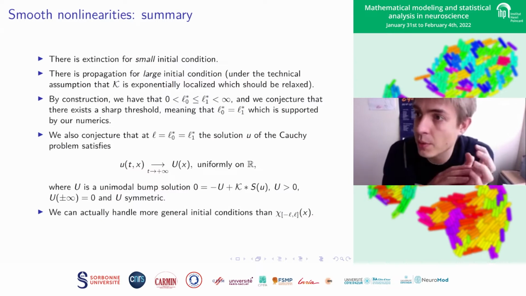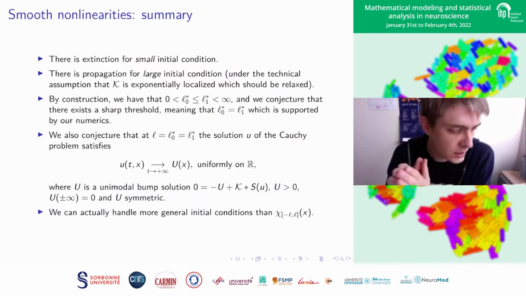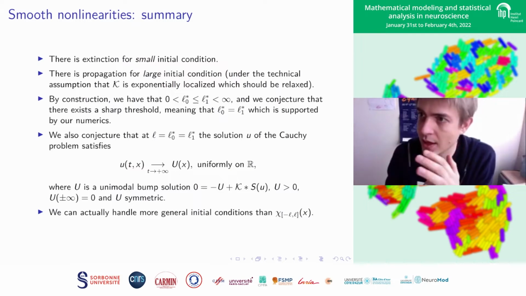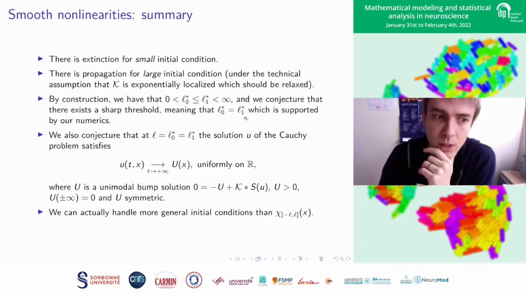So the conjecture at the moment, which we think should be like the local case for reaction diffusion equations, or when we assume that the nonlinearity is a Heaviside function, is that there should be a sharp threshold, meaning that these two values should be equal.